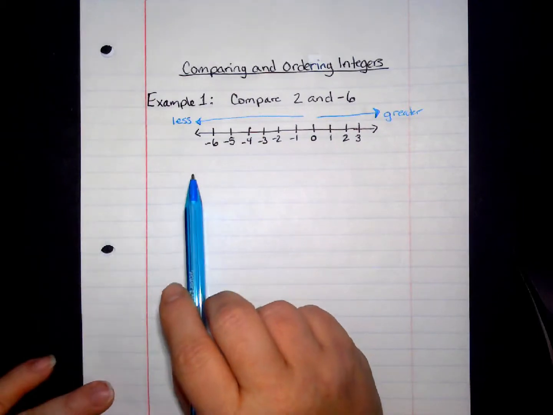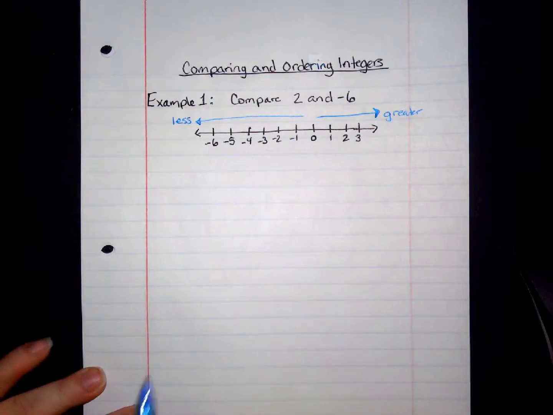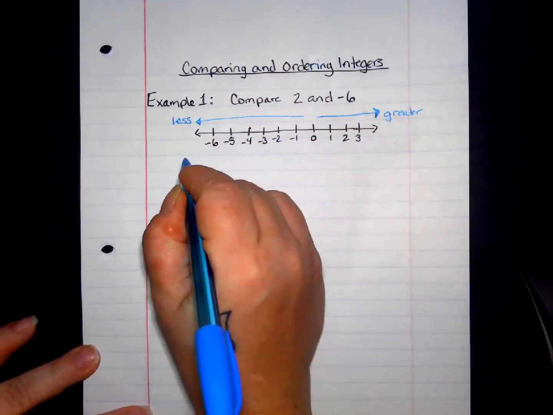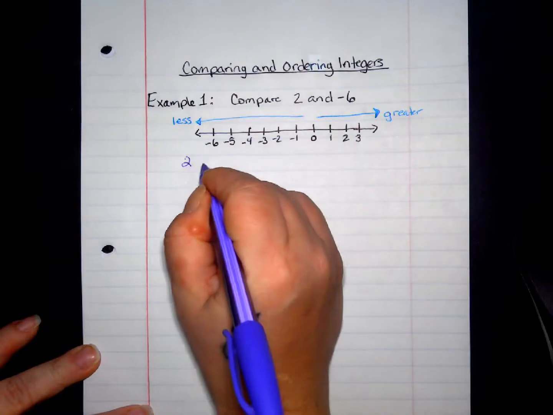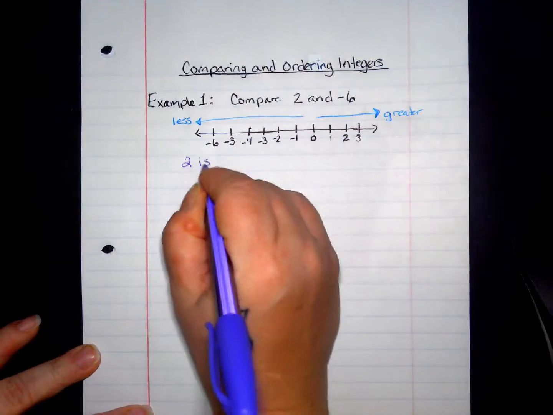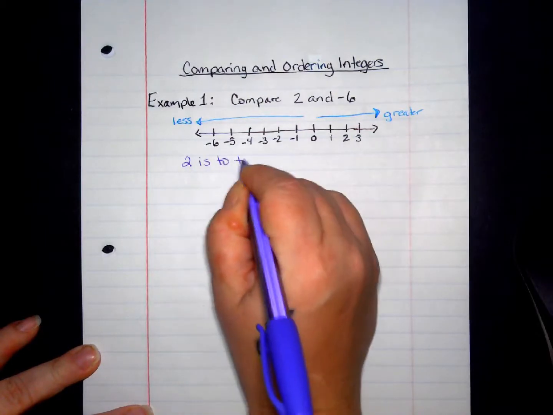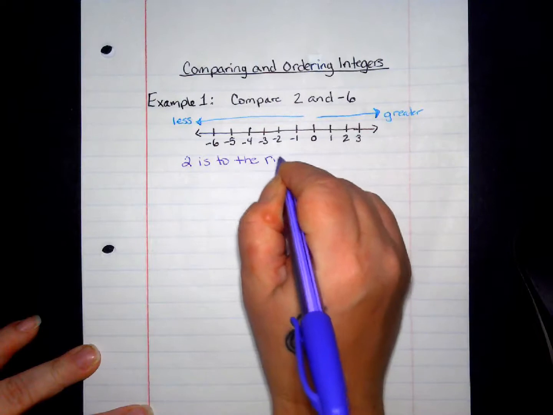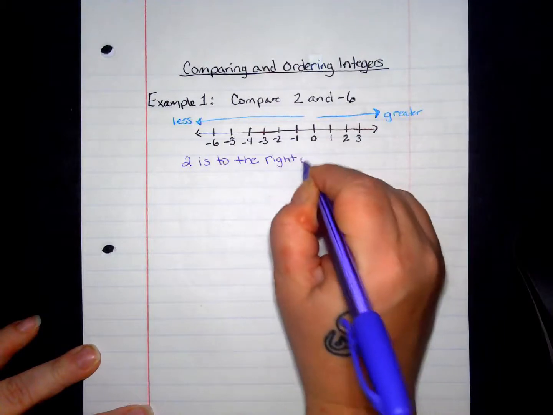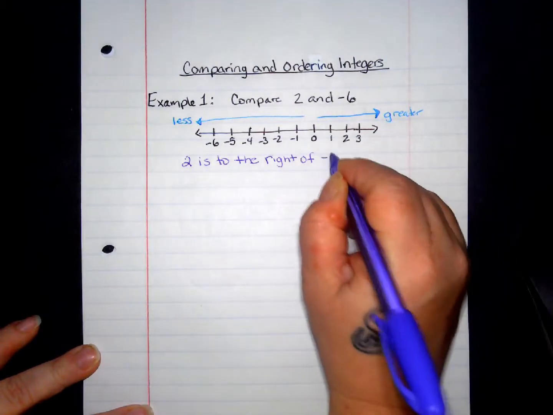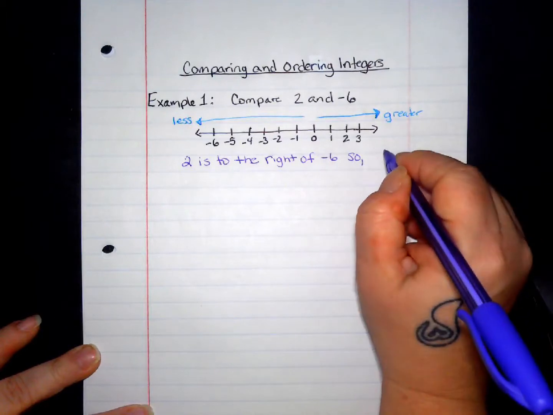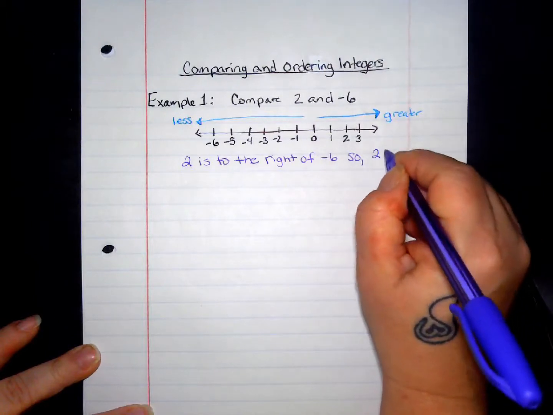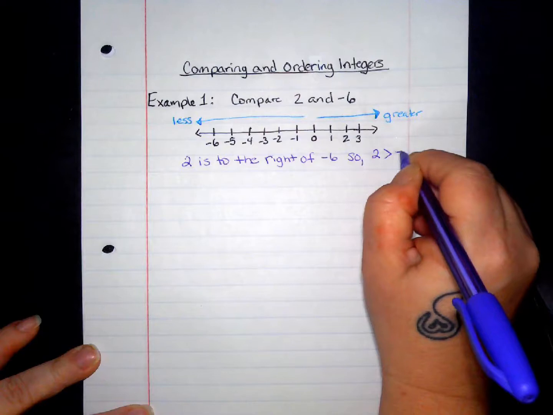Okay, so then when we look at this, we can say that 2 is to the right of -6, so 2 is greater than -6.